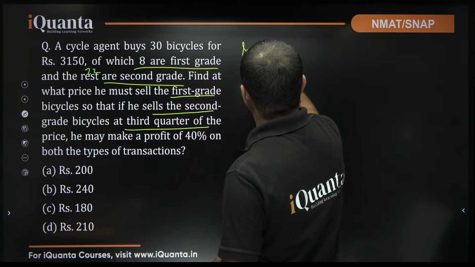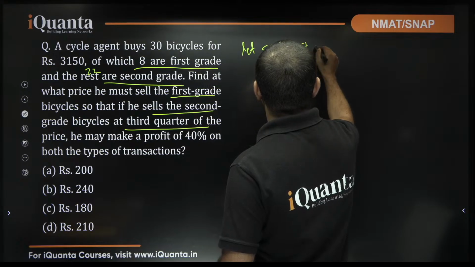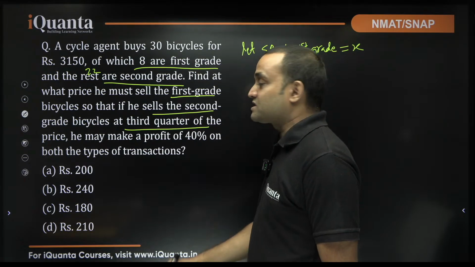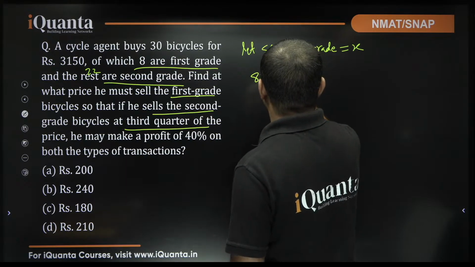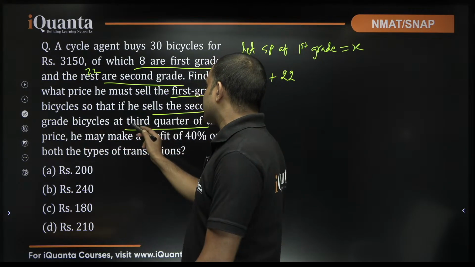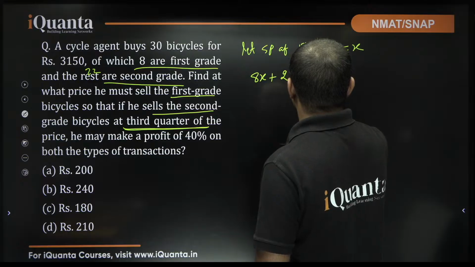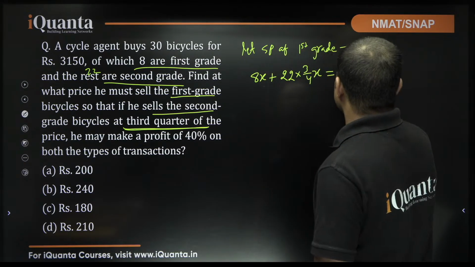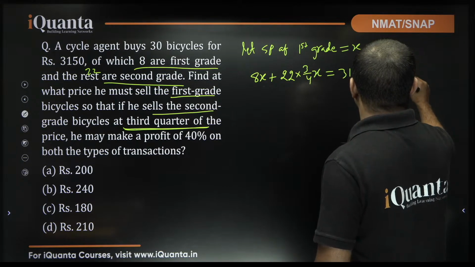So let the selling price of first grade be x. Then what will be the equation? Total selling price will be 8x plus 22 times. Now it says he sells second grade bicycles at three-quarters, means 3 by 4, so this into 3 by 4 x should be equal to, there should be 40% profit, so 3150 into 1 plus 40 upon 100.